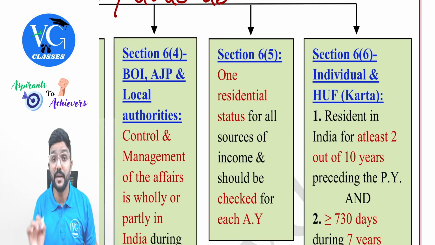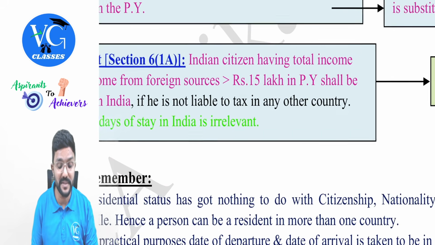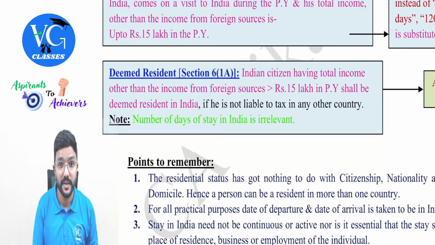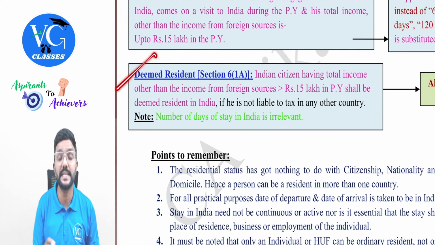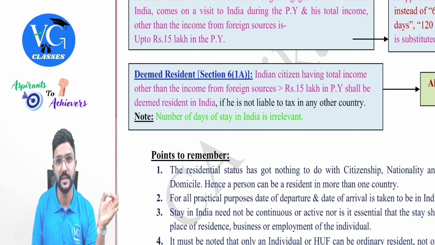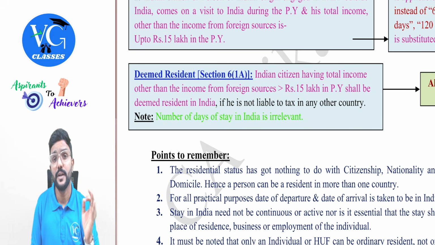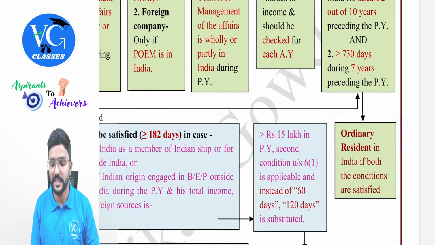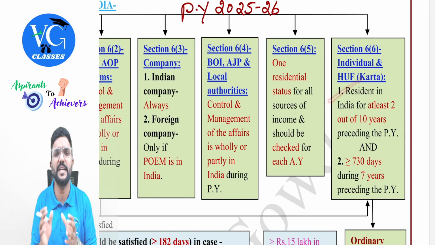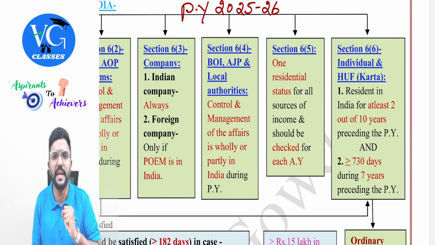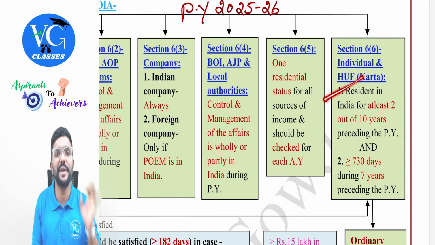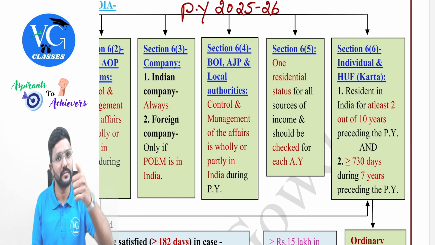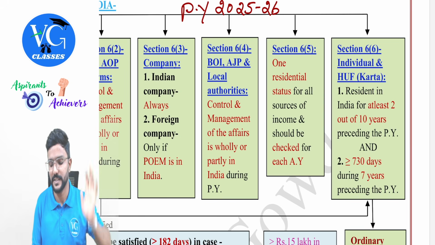Yes, guys. Even if they were deemed resident as per section 6(1)(a) in the past, still, do we consider them as resident, guys? Yes. Because here they just told the word resident. They didn't talk about ordinary, not ordinary, and all. So any resident, including deemed resident, would be counted here. Is that clear? Yes, sir.